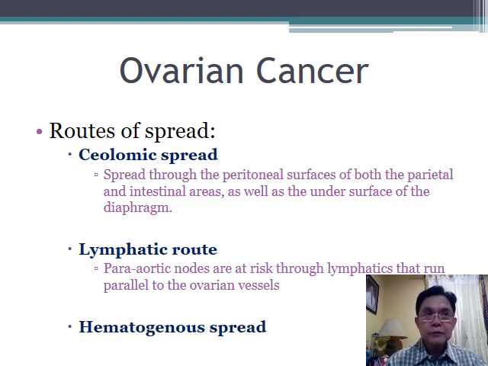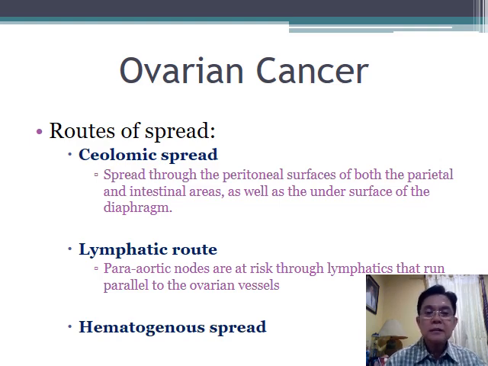And maybe I forgot to mention that the lining epithelium that covers the ovary is the same lining epithelium that covers the rest of the abdominal cavity, so that the abnormal cells from the ovary can spread through that lining epithelium, and that is called your coelomic spread. Okay, it may extend up to the surface of the diaphragm, and that is still considered coelomic spread.